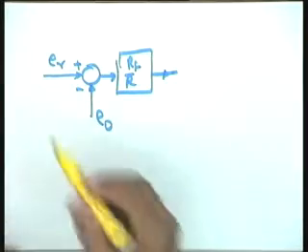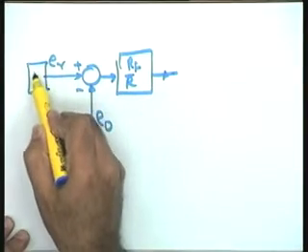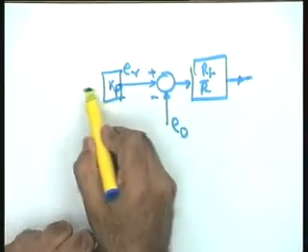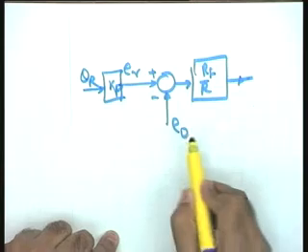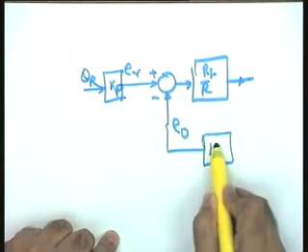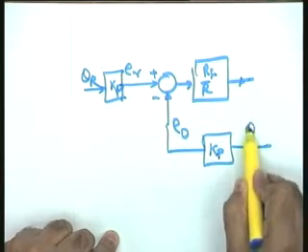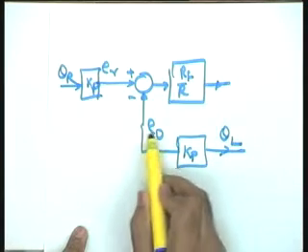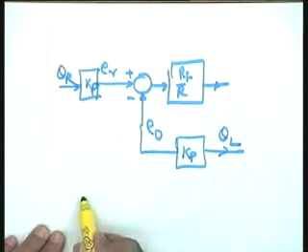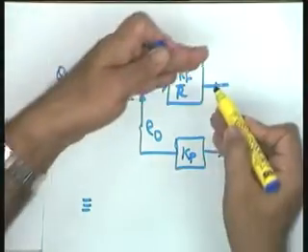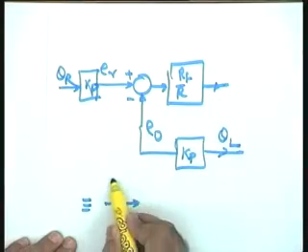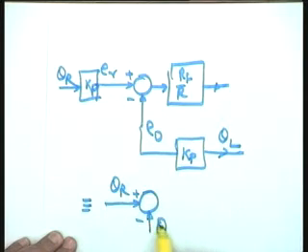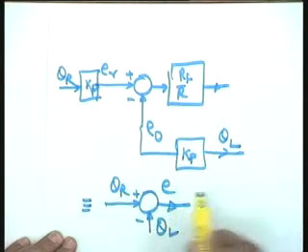Fine. And in this case now, let me put a Kp here, a potentiometric constant, and therefore this becomes theta R. Let me put a Kp here, a potentiometric constant, and here is the value theta L. So, I will connect theta L to the circuit, but this theta L into Kp is E naught, and equivalently this Kp can be taken into the system, so that your input is theta R directly, plus minus this theta L here, so that this becomes the system error.